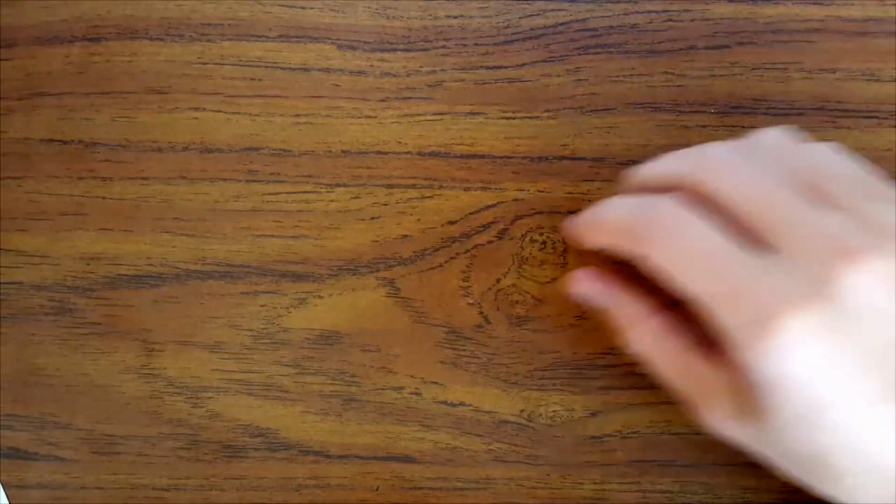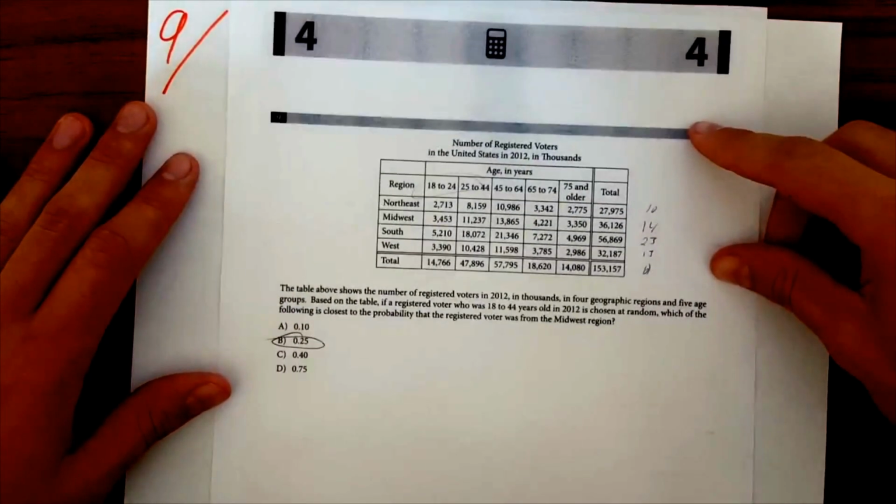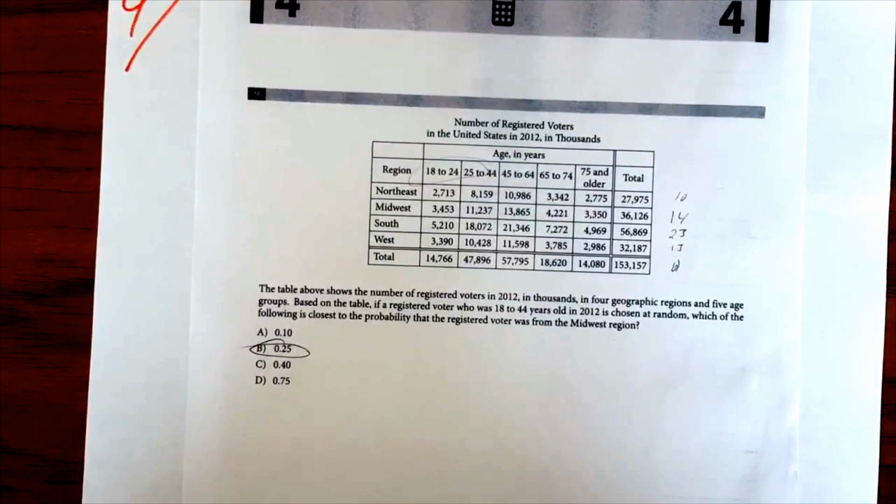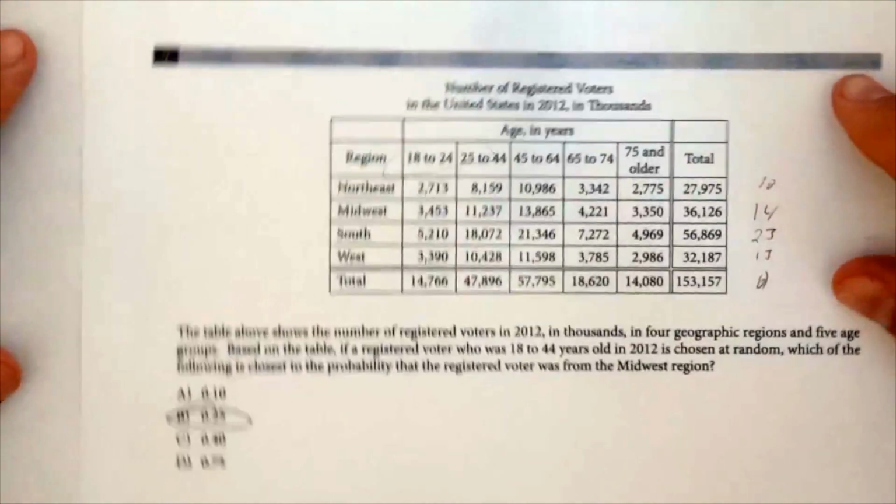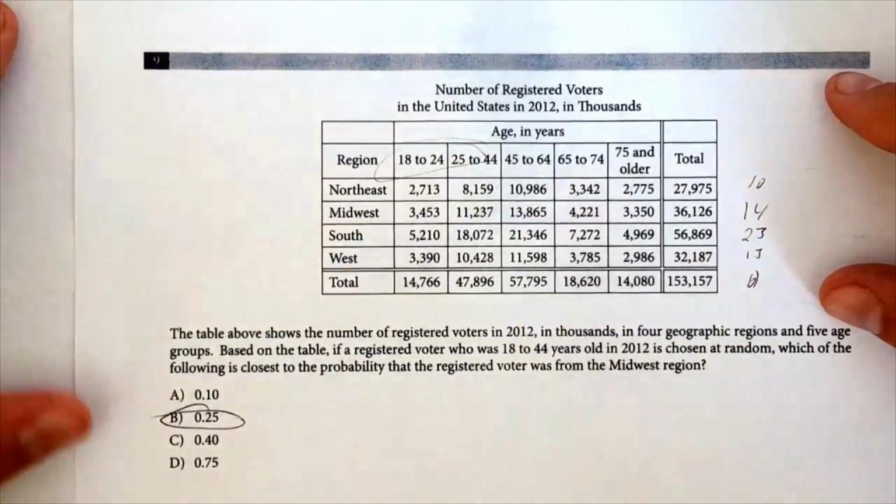So now we can go on to number 9. Alrighty. And again, I'm going to have to do the simplest thing, which is just show the table here and give away the answer. Sorry about that. But let's review what it's asking.